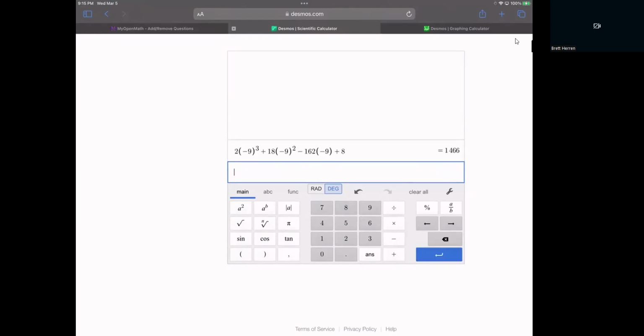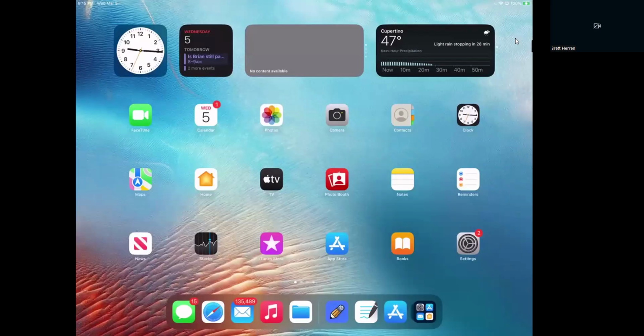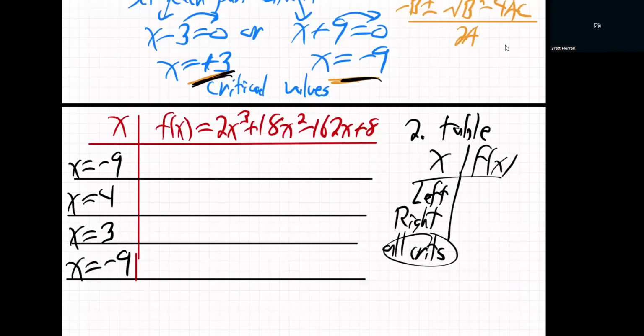And there we go, 1466. That's with the y. That's f of x or y, right? Same thing.